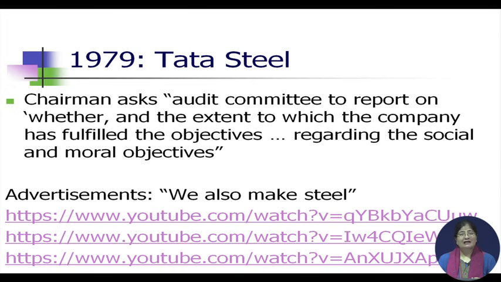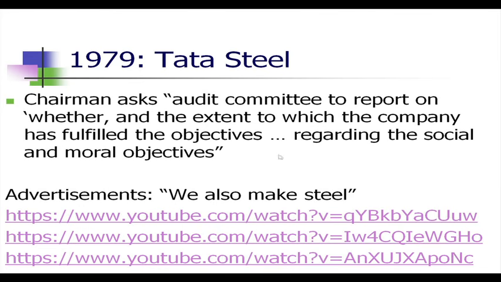Then in 1979, the chairman of Tata Steel asked the audit committee to report on whether and the extent to which the company had fulfilled the social and moral objectives of the organization.